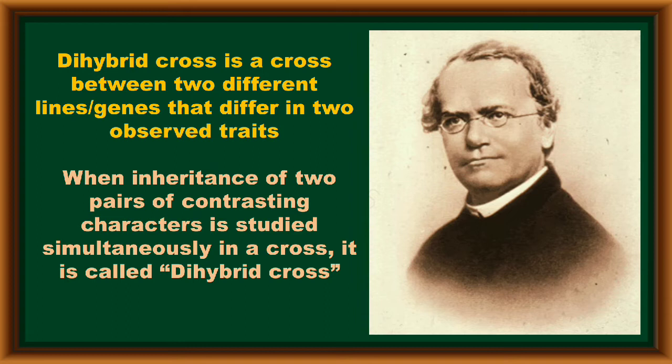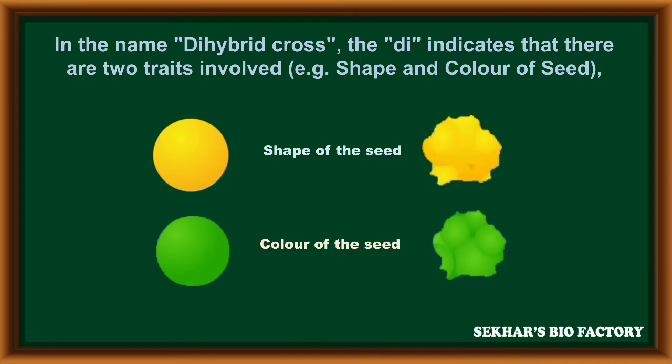When the inheritance of two pairs of contrasting characters is studied simultaneously in a cross, it is called a dihybrid cross. In the name dihybrid cross, the di indicates that there are two traits involved.